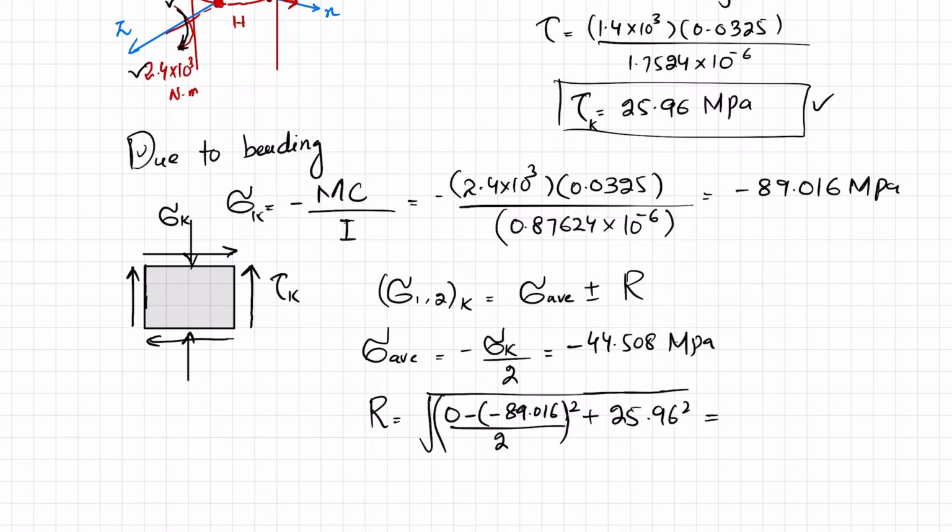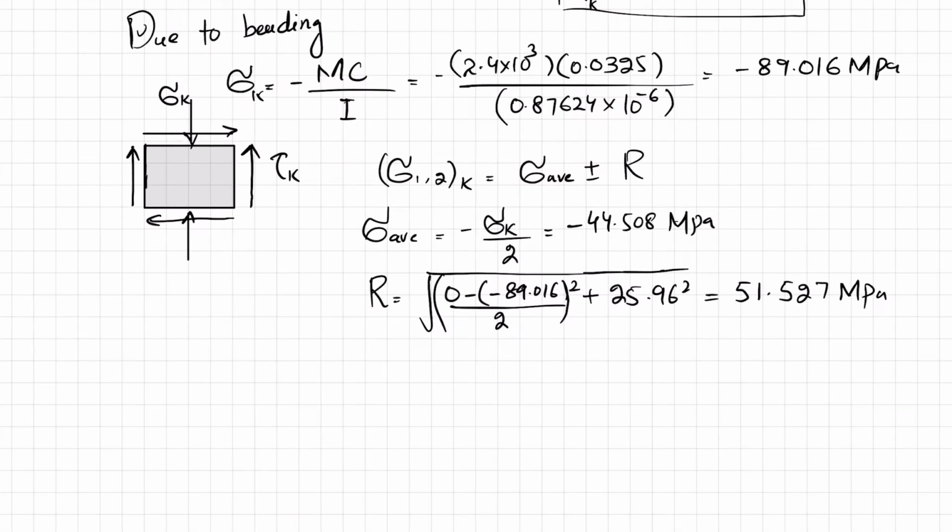So when you calculate it, you will get R is equal to 51.527 megapascal. And this R generally represents the radius in the Mohr circle. So definitely your maximum shearing stress will be equal to this R, and that is 51.5 megapascal.